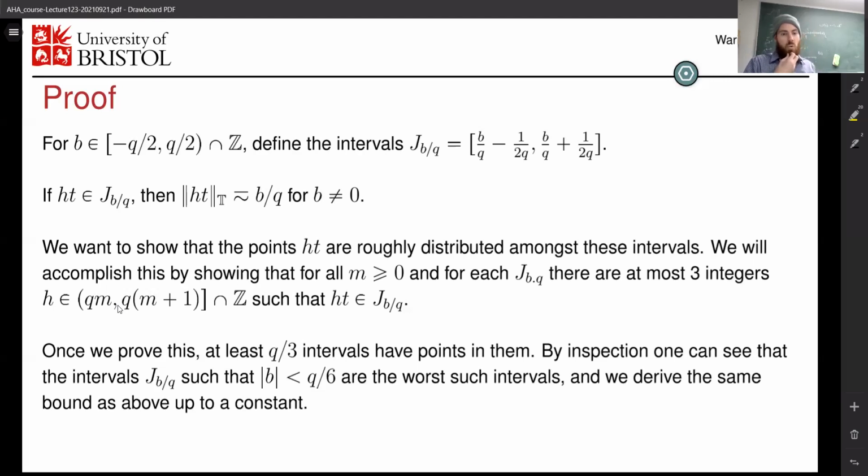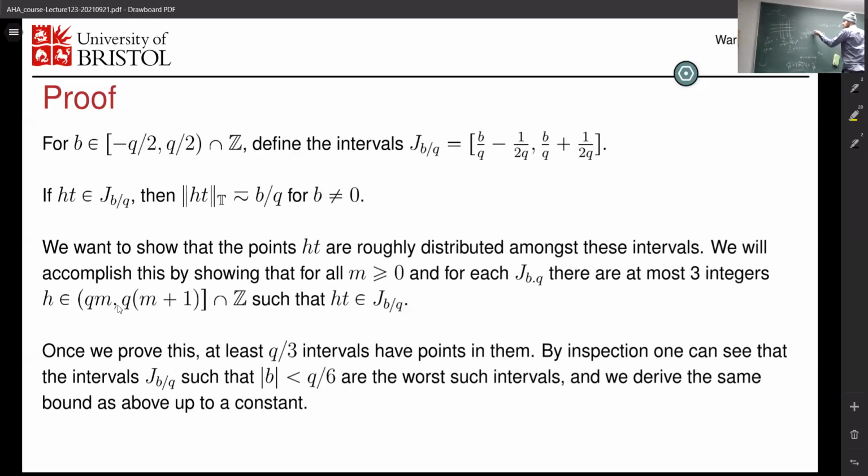Okay. So once we do that, then we know that at least q over 3 intervals have points in them, and you can see heuristically that the worst thing that can happen to you is, all right, I get my 3 points here in the interval around 0. My next 3 points are in the interval next to it, and this one next to it, and the ones adjacent to those.